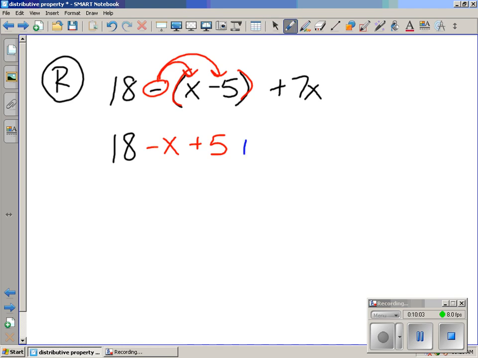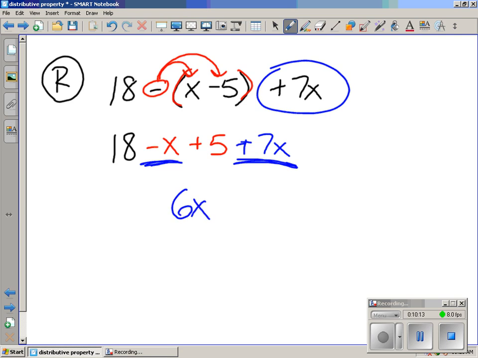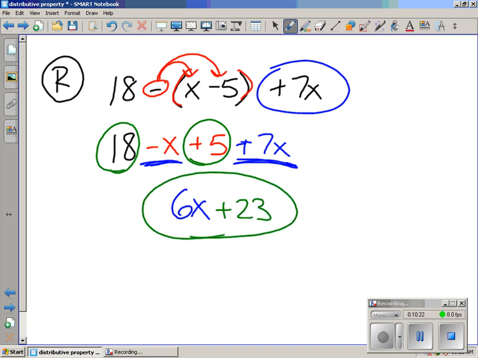And then at the end, we have that 7x. Now we're ready to combine like terms. Negative x plus 7x is 6x. And then 18 plus 5, we're at 23.